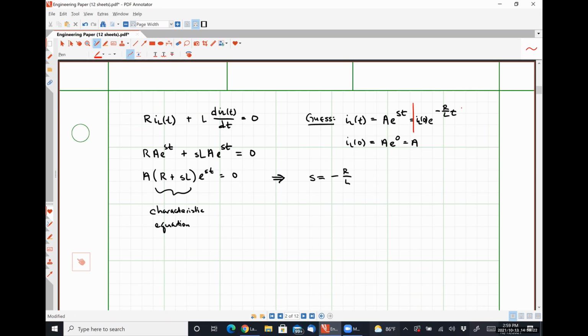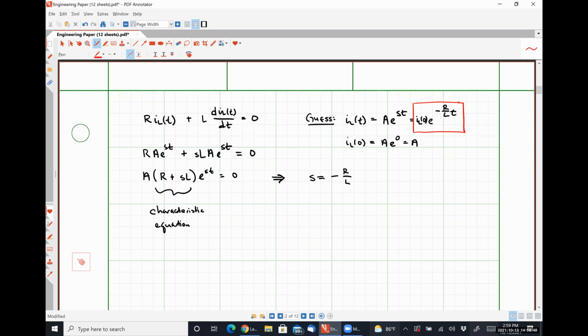And this is how our inductor current will behave during the transient condition. It will exponentially decay. It will start off at the value it had at t equal to 0 plus, and then it will gradually decay until it is effectively 0 at some long time in the future.